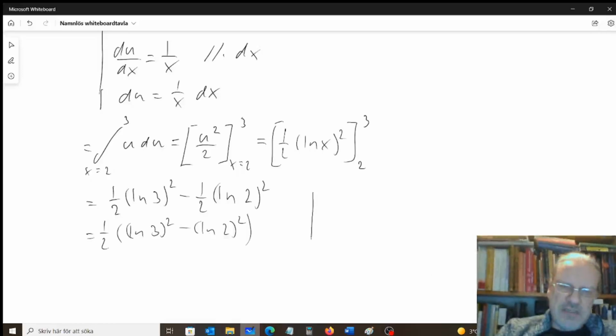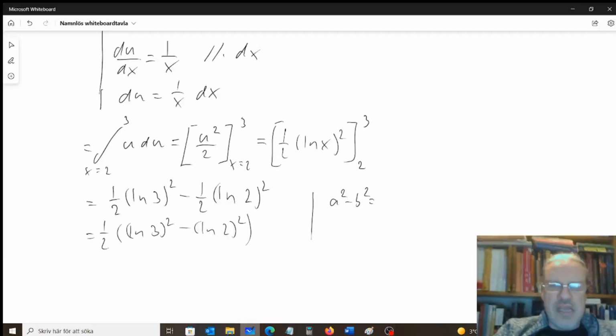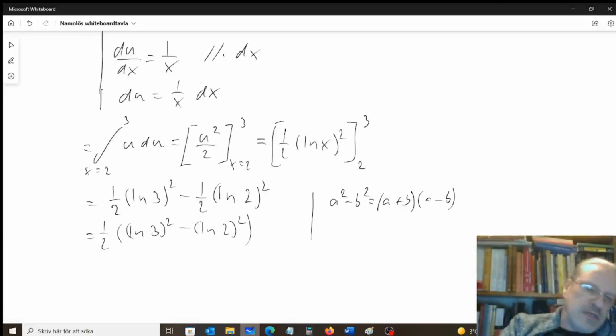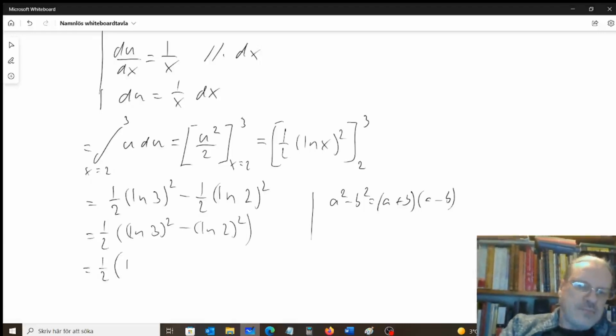Because we have this rule, of course, that a squared minus b squared equals a plus b times a minus b. So a could here be ln 3 and b could be ln 2. So this could be written as 1/2 of ln of 3 plus ln of 2 times ln of 3 minus ln of 2.